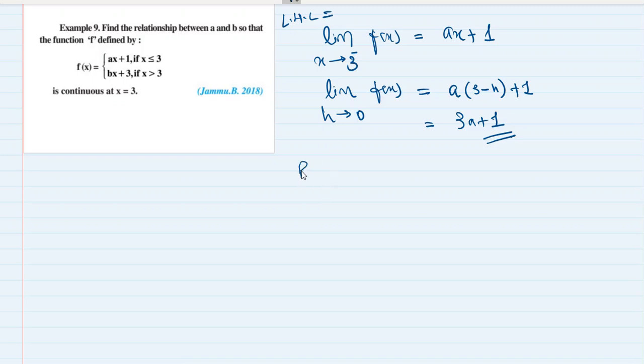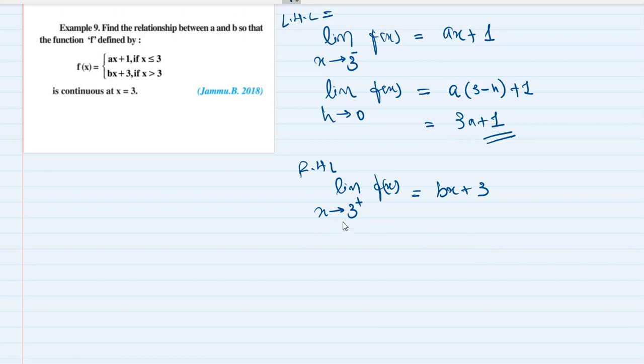Okay, let's find the value of RHL. RHL is limit of f of x when x tends to 3 plus, which is equal to bx plus 3.